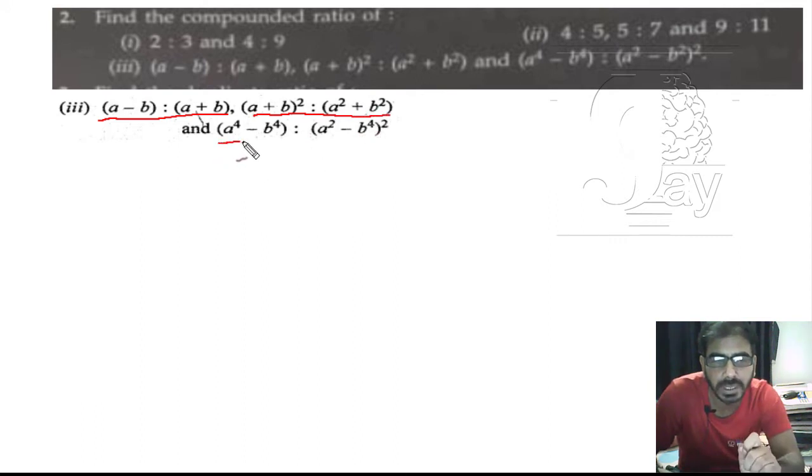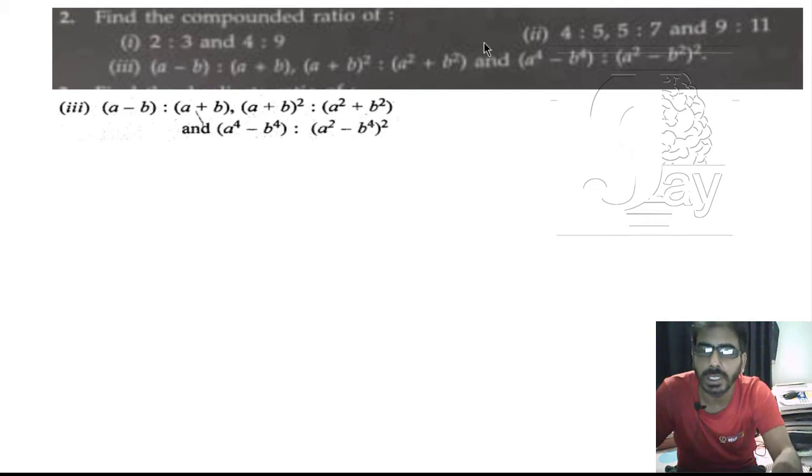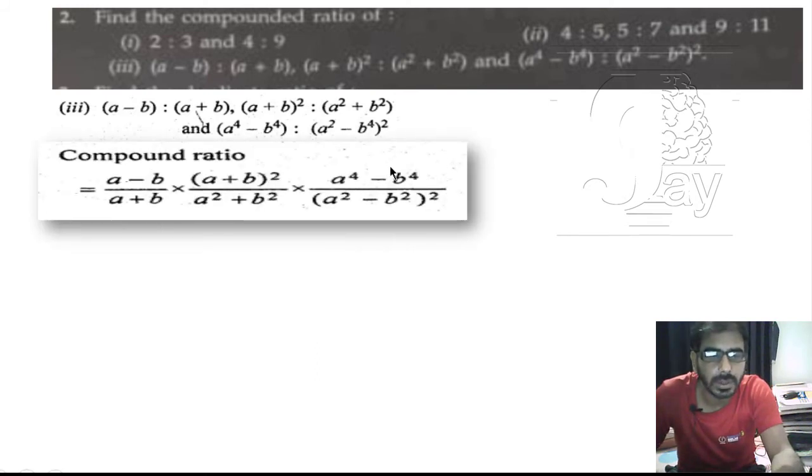And we have a third ratio, a power 4 minus b power 4 is to a square minus b power 4 whole square. So we have 3 ratios. Find the compounded ratio. What we mean by compounded ratio is that we have to multiply the numerators and the denominators to form the ratio. So for the compounded ratio of those 3 ratios, we're going to multiply the 3 ratios.